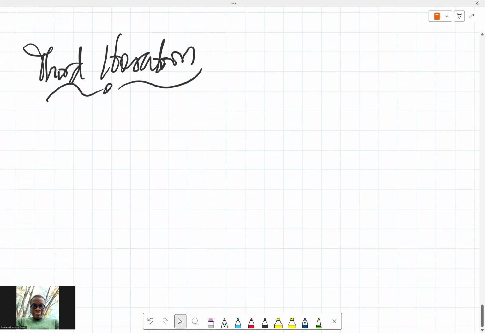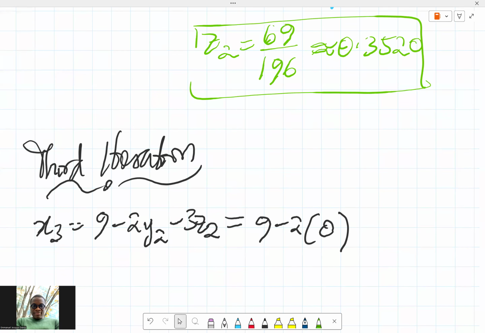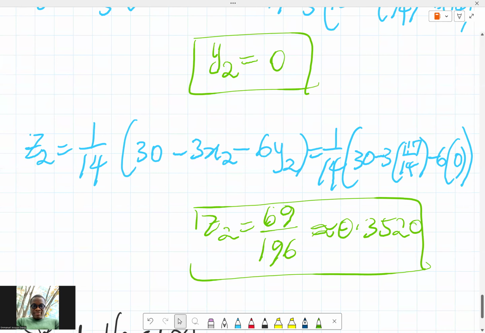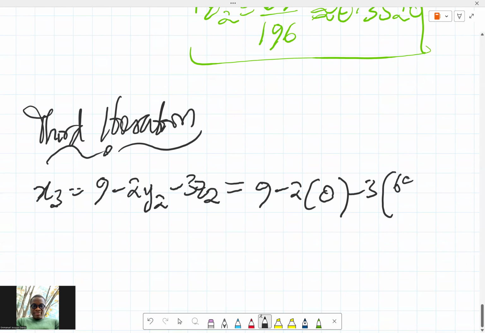So for the third iteration, x3 is equal to 9 minus 2y2 minus 3z2, and that is equal to 9 minus 2 times y2, which is 0, minus 3 times z2. z2 is 69 over 196.